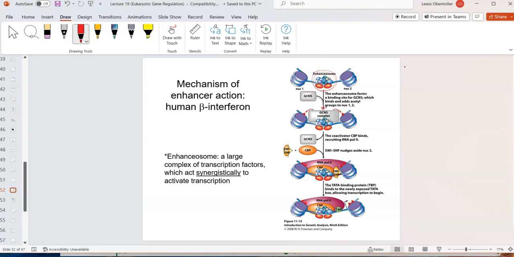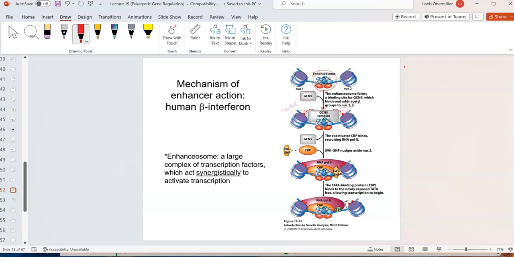Maybe you should know it. So GCN5 complex, it's a complex of proteins, recognizes and binds to the enhancer regions. This in turn is going to add acetyl groups to the nucleosomes in between. The drawing is showing you that it's adding acetyl groups. We know that acetylating this makes these neutral, and so they have a lower affinity for the DNA.